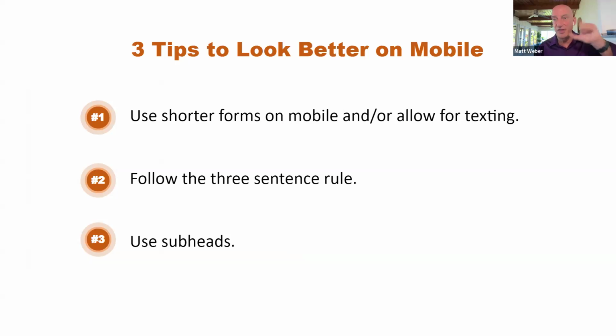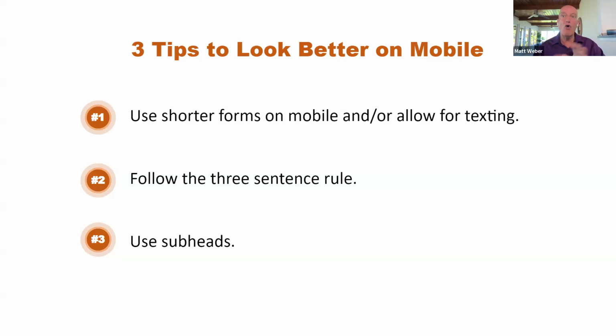They've just taken the thing that appears on desktop and made it smaller. But on mobile, maybe you have to ask for name instead of first name, last name, because people aren't really fond of typing on mobile. So the more you make them type, the more likely you are to lose them. People would prefer to text on mobile. See if you can offer that ability.